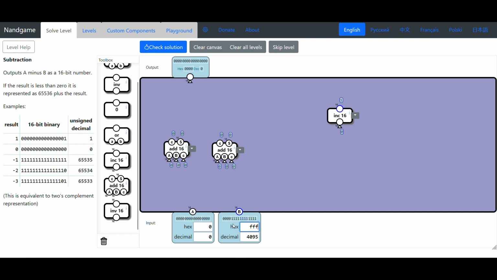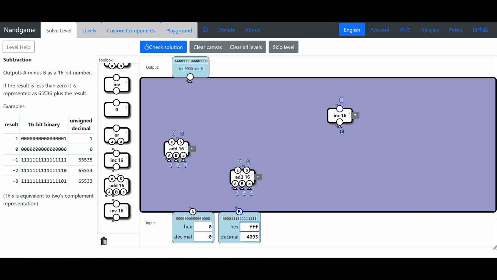First thing we'll need to do to make this, for instance, a negative number is, you can see if I just invert those values, we get the negative of the same thing. So F000 is negative 4096, but then 0FFF is 4095. So we won't be able to just invert it.